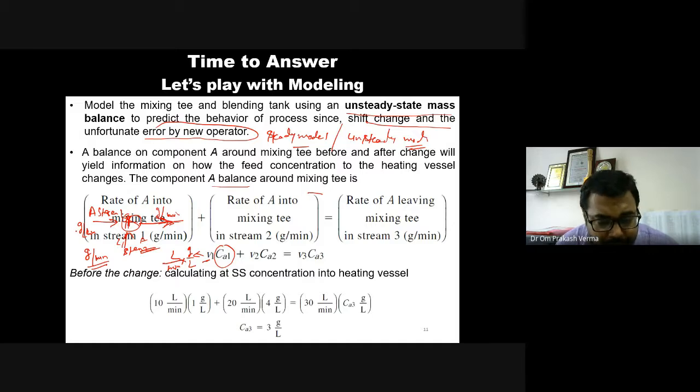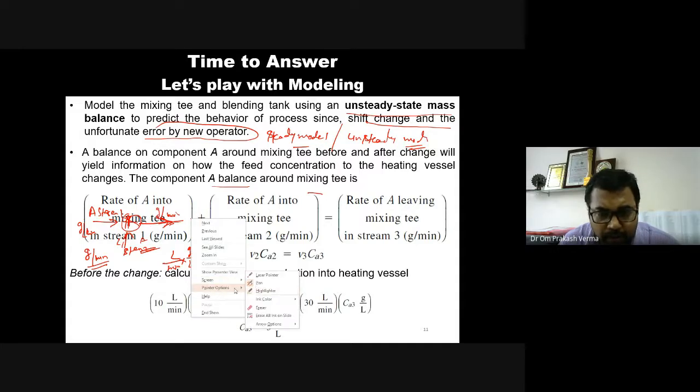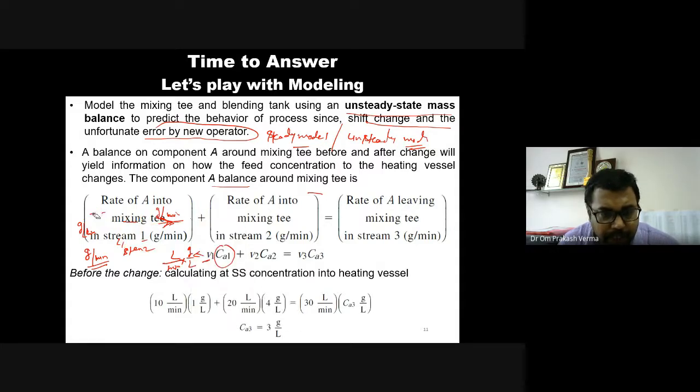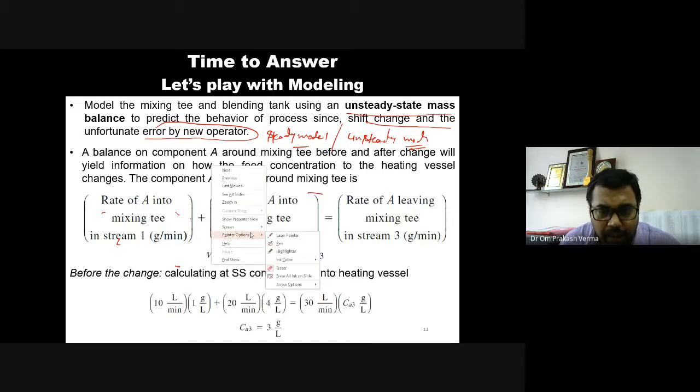Is there any problem? No, sir. Okay, I think it is clear. That's why we multiplied the volumetric flow rate and the concentration.